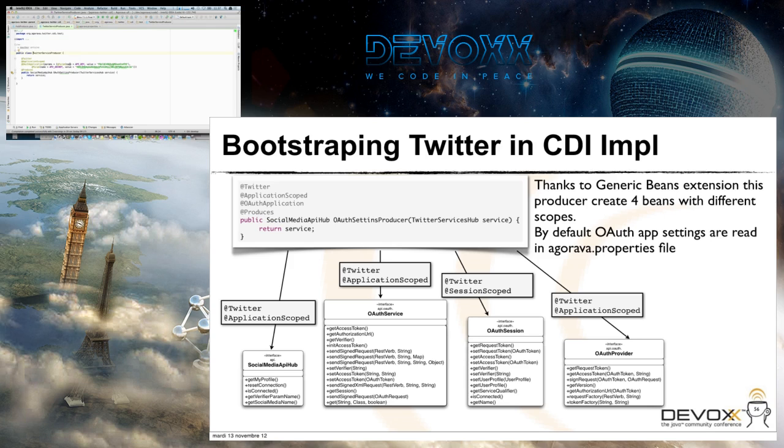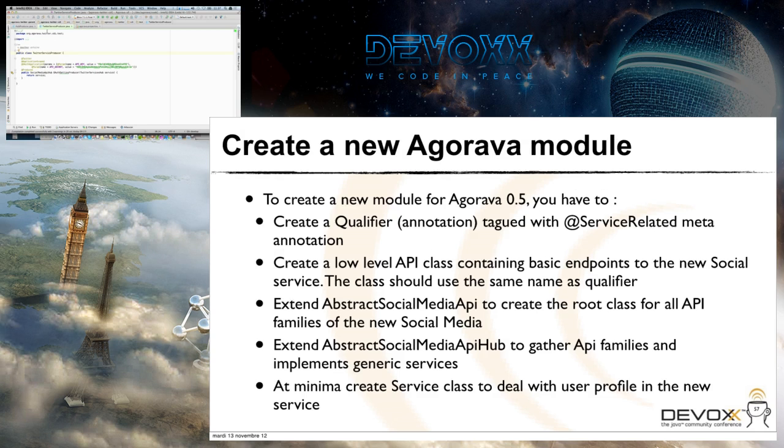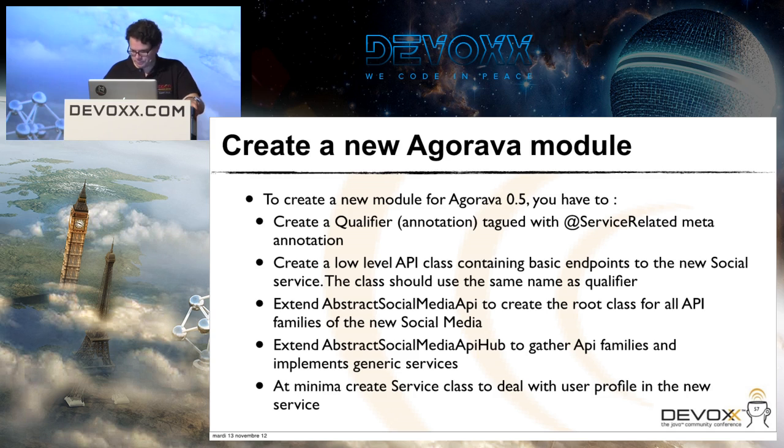We put the values directly in the annotation. So here the API key, the API secret, and we could have added the callback. As it is a test, it's not important because we don't need to perform the auth dance. We are cheating in the test. Okay.